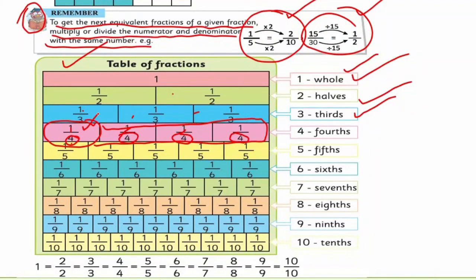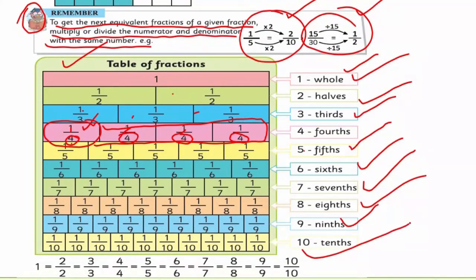So we read it 4th. So here 5 as 5th, 6 as 6th, 7 as 7th, 8 as 8th, 9 as 9th, and 10 as 10th. So 1 is equal to 2 by 2, 3 by 3, 4 by 4, 5 by 5, 6 by 6. These are all equivalent fractions.